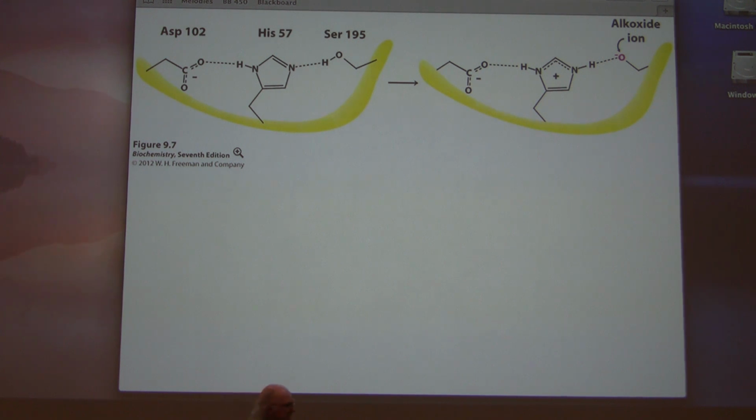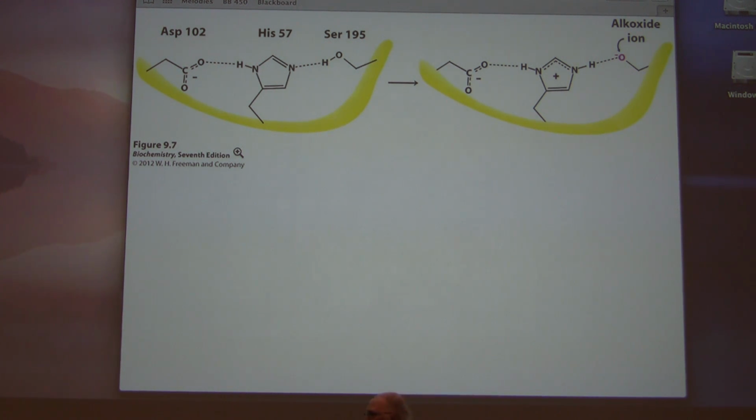The catalytic triad. The numbers adjacent to each one that you see here correspond to their position in the primary structure. So aspartic acid is the 102nd amino acid in the primary structure, histidine is the 57th, and serine is the 195th. No, you don't need to know those numbers.